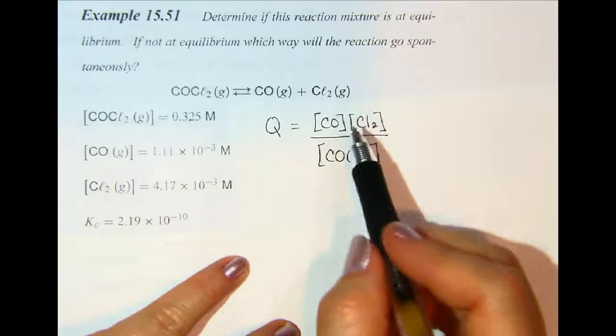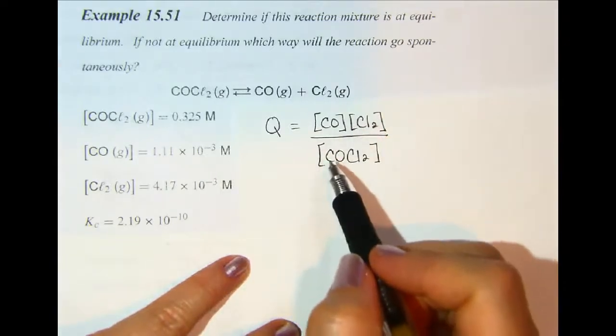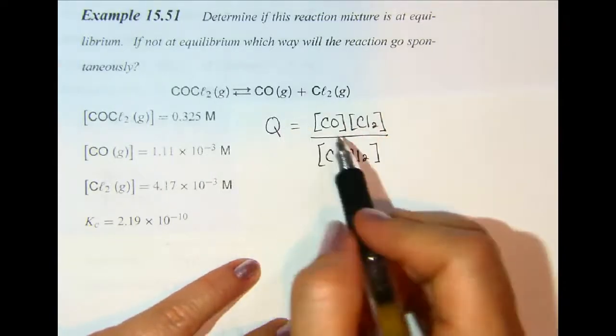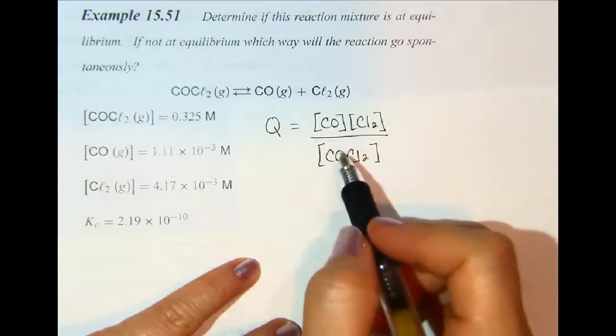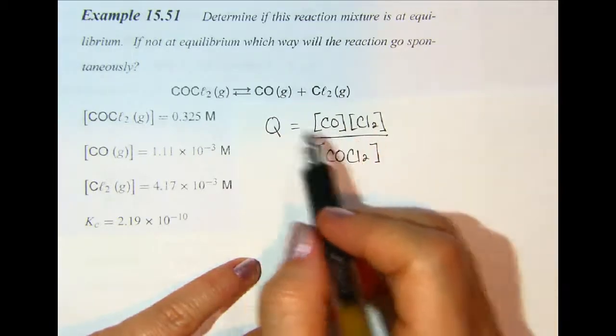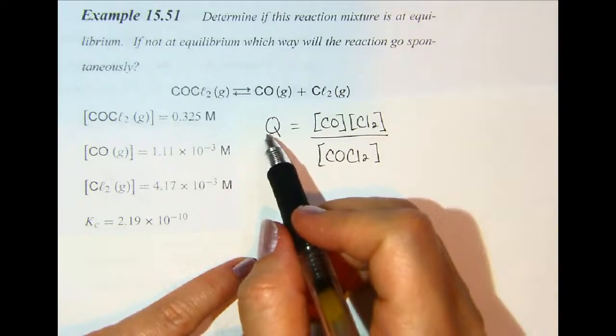These are all gases, so they are all included in my equilibrium expression. If I were to put K here, that would just mean all of these concentrations are at equilibrium. But since I don't know, I'm putting a Q here instead of K.